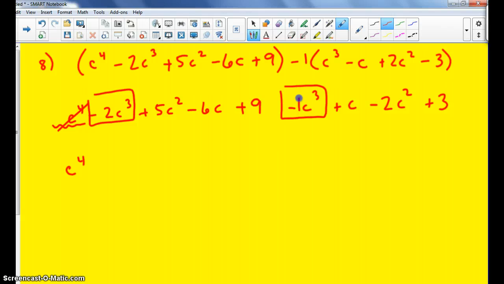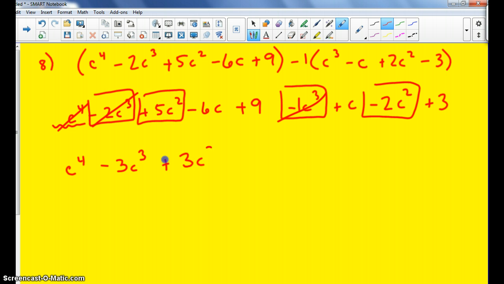Negative 2 minus 1 is, what is it? Negative 3c cubed. Lauren? Sure, absolutely. Yes. All right, and then I have 5c squared. What's like 5c squared? Negative 2c squared. What is 5 minus 2?